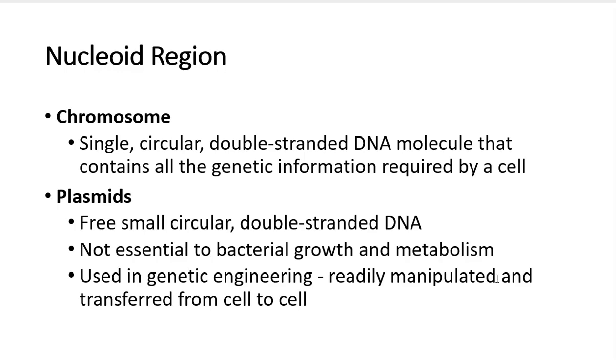Now, in addition to that, floating in the cell are these small circular pieces of double-stranded DNA that we call plasmids. They do not contain information about bacterial growth or metabolism or anything else, but they can be readily manipulated and transferred.